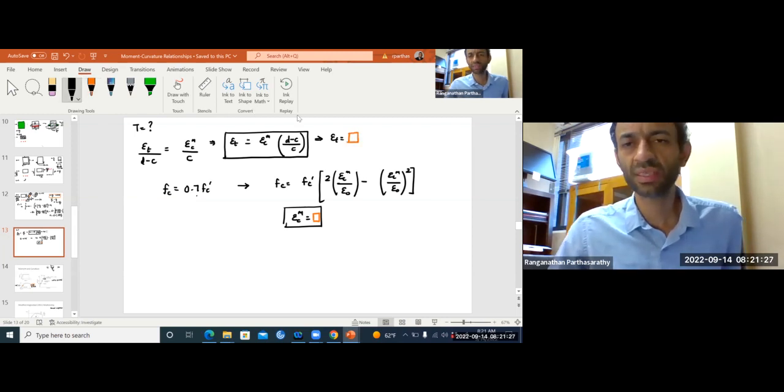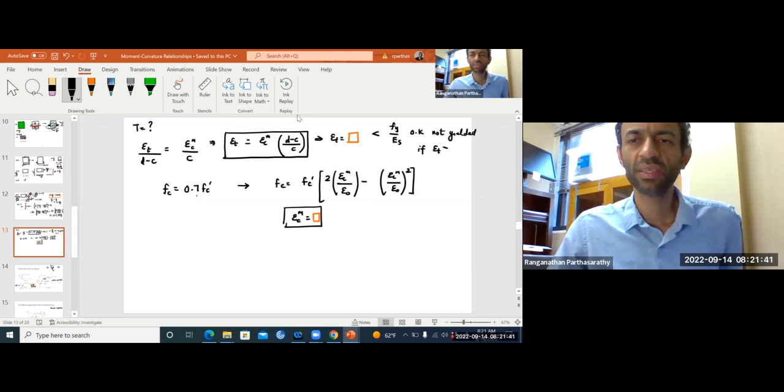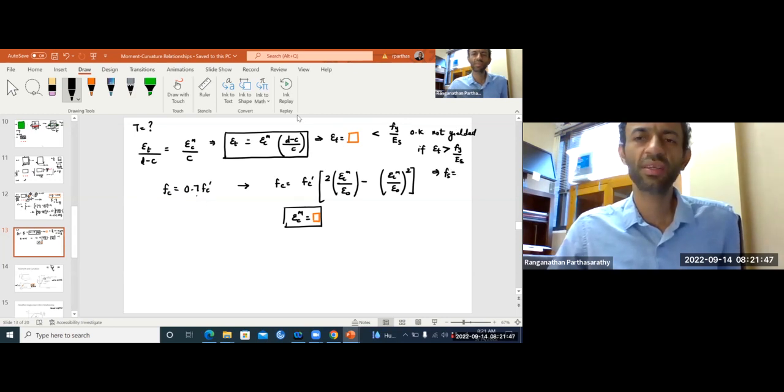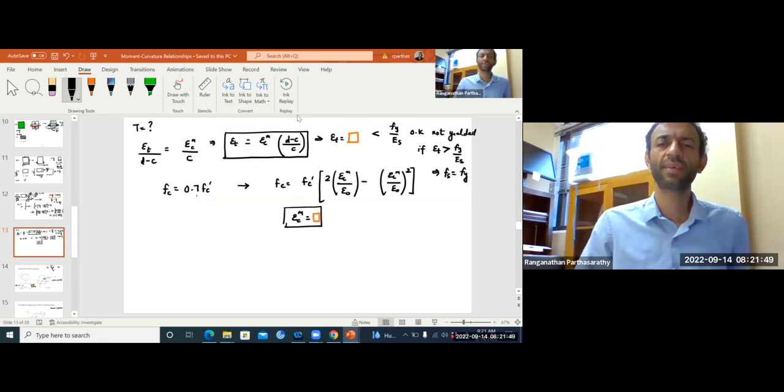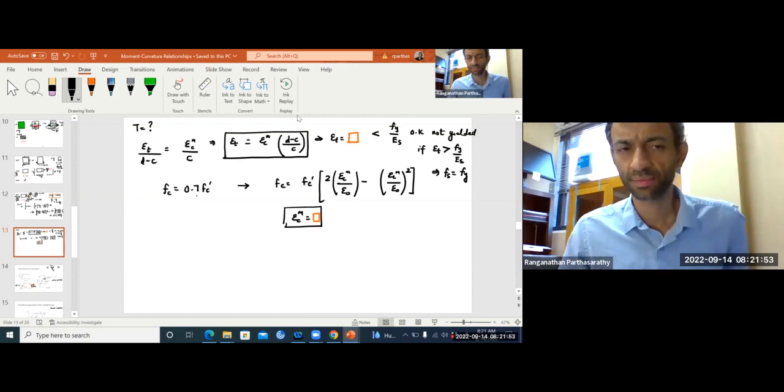Now, if this is less than Fy over Es, then it is okay, not yielded. If epsilon T is more than Fy over Es, it means that stress in steel you should take as Fy. Is it clear?